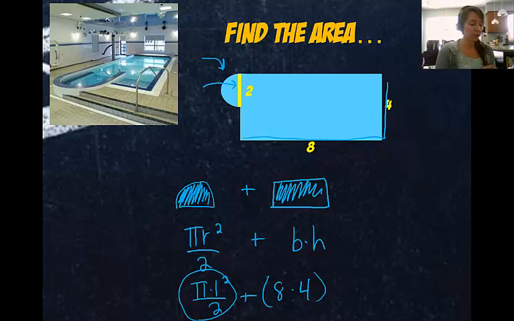So 3.14 is in our numerator. Divide by 2. I get 1.57 plus 8 times 4, if you plug that in your calculator, but you should really know that in your head, is 32. 32 plus 1.57 is 33.57 units squared.